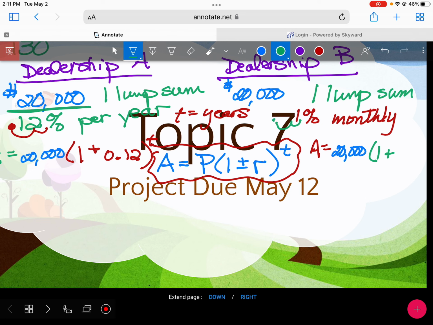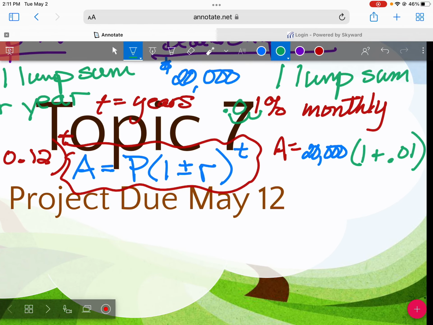So I go 2 places to the left, 0.01. And we are calculating this monthly. But I can't compare a monthly rate to a yearly rate. So how could I change this T, which is monthly, to a year?